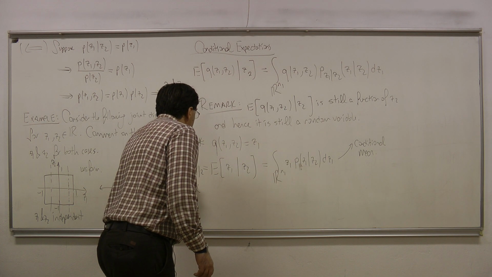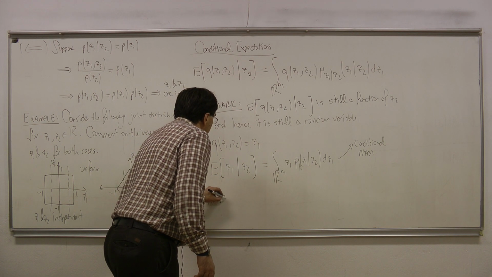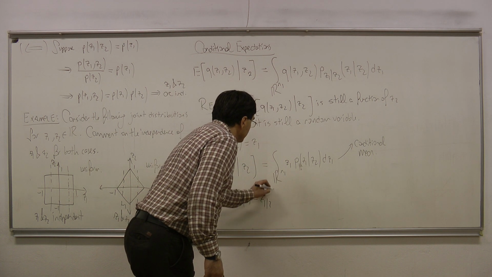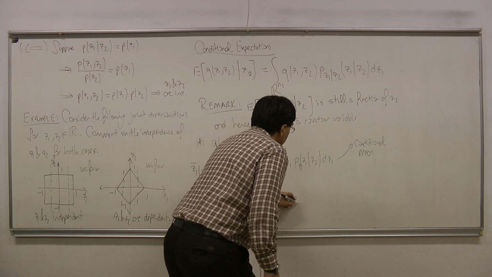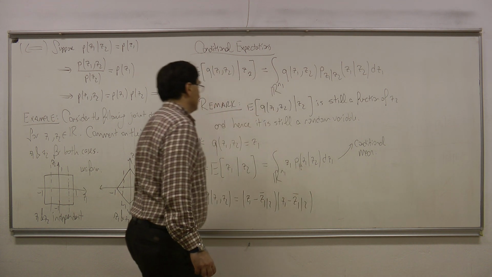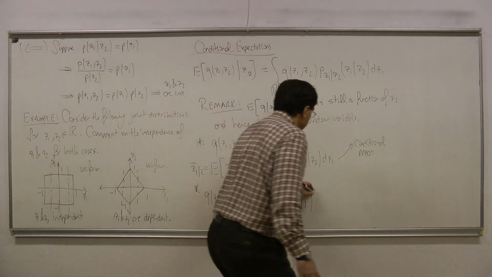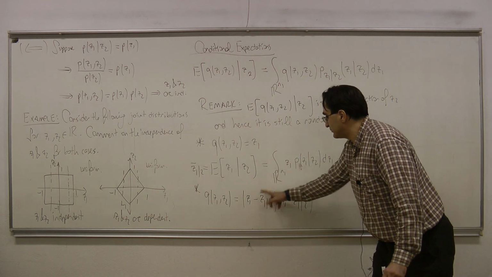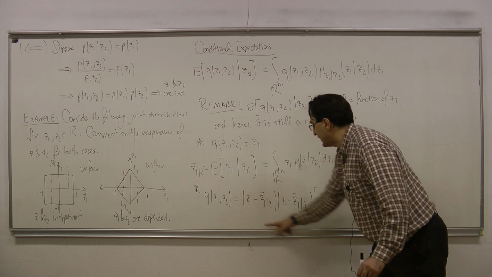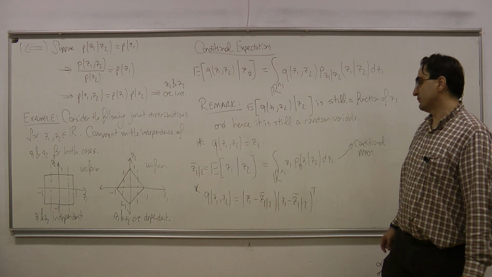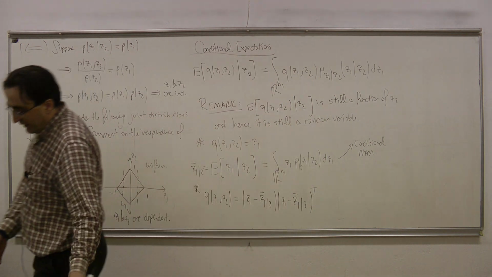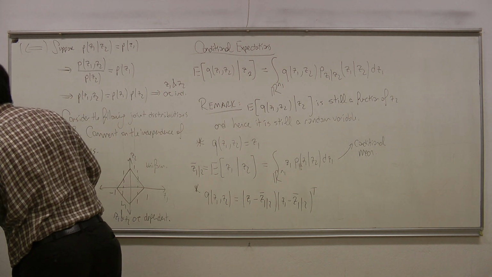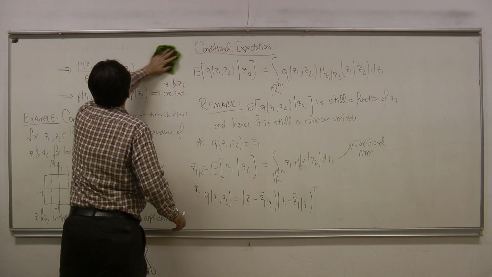So if I define q of z1, z2 as z1 minus z bar 1 given 2, times z1 minus z bar 1 given 2 transpose, here z1 is a function of z1 and z bar 1 given 2 is a function of z2, so I have a function of z1 and z2 at the same time. If I take the expected value of this, I obtain the conditional covariance of z1 given the value of z2.